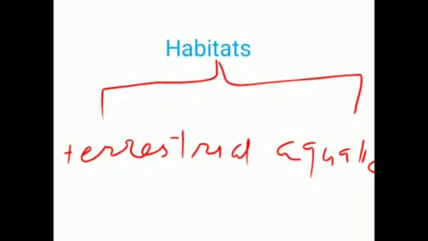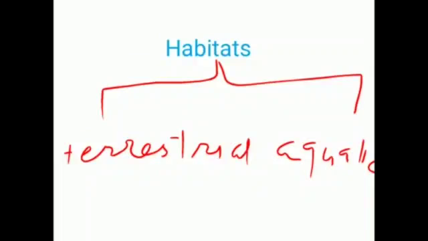The plants and animals that live on land are said to be a terrestrial habitat. Some examples of terrestrial habitats are forest, grassland, desert, coastal and mountain region.